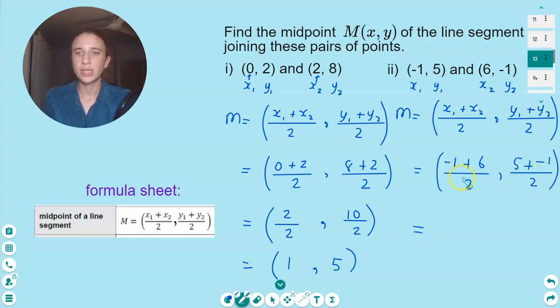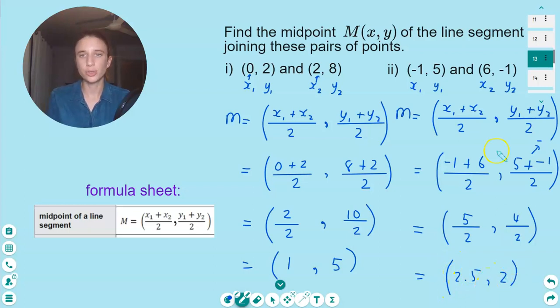And you're just simplifying. So negative 1 plus 6 will be 5, crossing into the positives, over 2. 5 plus negative 1, well, that means 5 take 1, which is 4. 5 over 2 is 2.5. 4 over 2 is 2. That's the midpoint. You want to end up with a pair of coordinates.